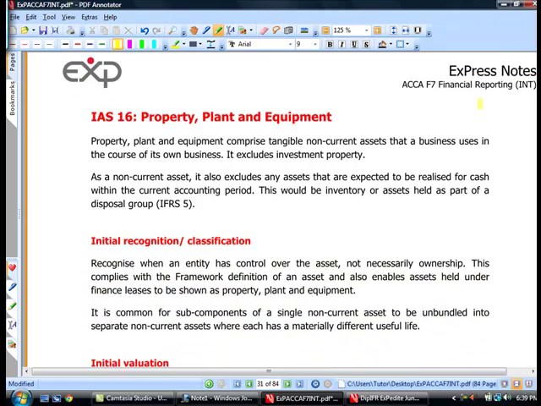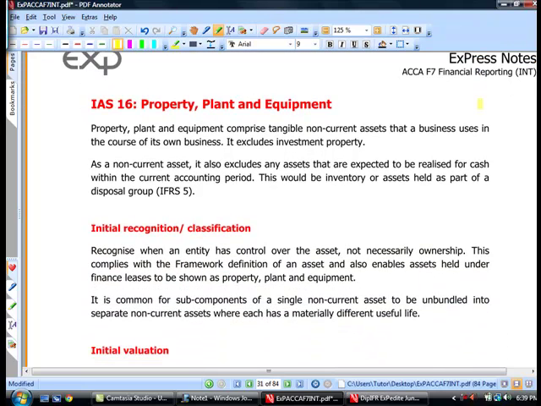IAS 16, property, plant and equipment, covers tangible assets which are used by the business for more than one accounting period, and they are used either for production of goods, rendering of services, for admin purposes, or for rentals to others.